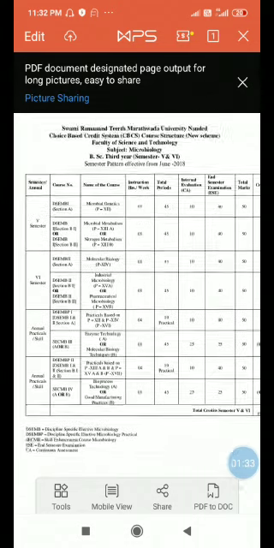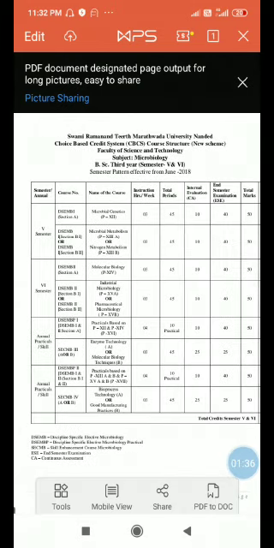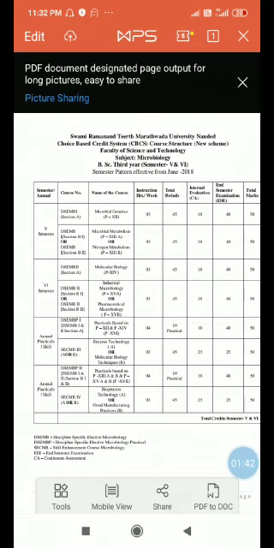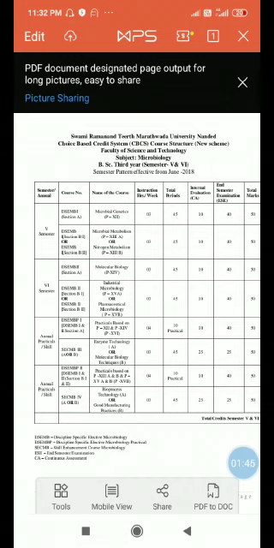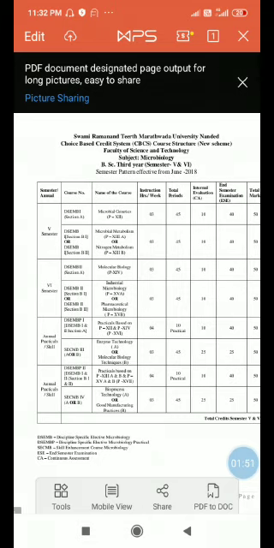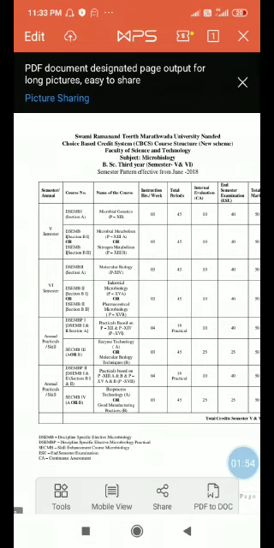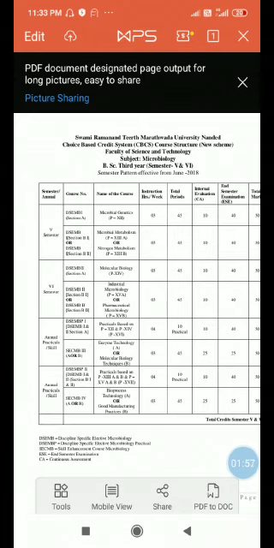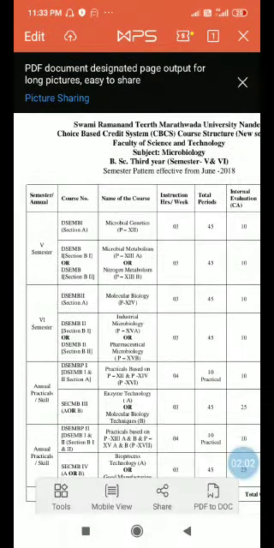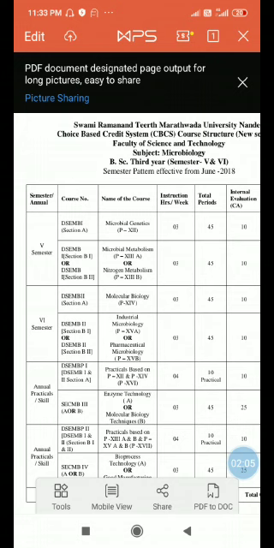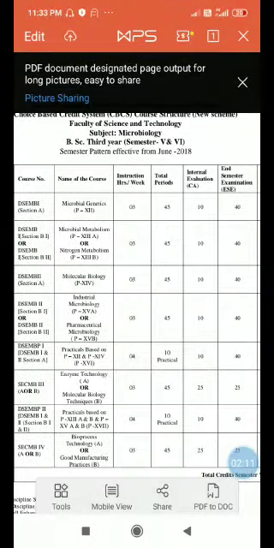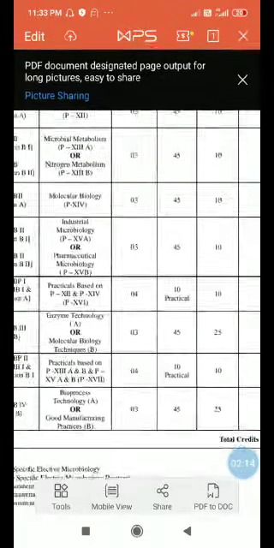Today we will see the syllabus of BSc third year semester 5. This semester is based on the choice based credit system, that is, the course structure. Before the study of the syllabus, we will check the marks pattern, or how the marks are distributed paper wise.